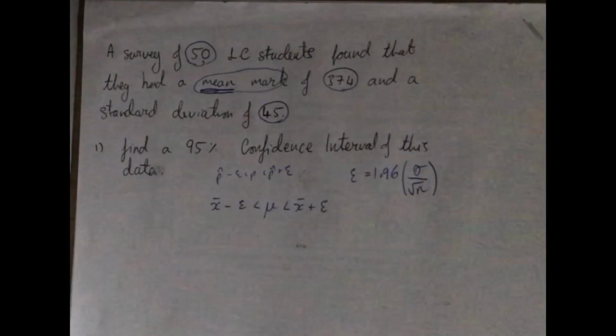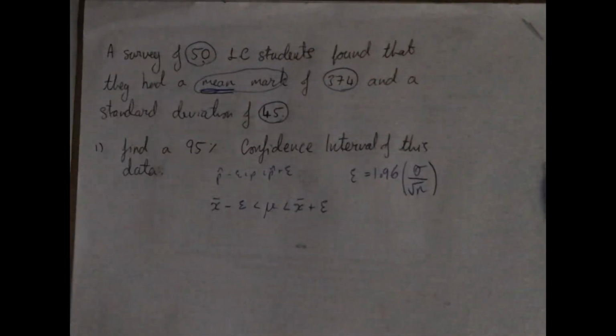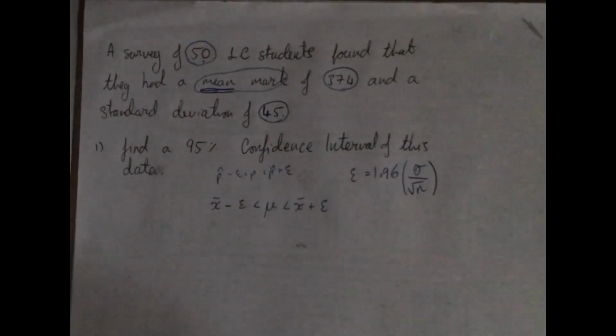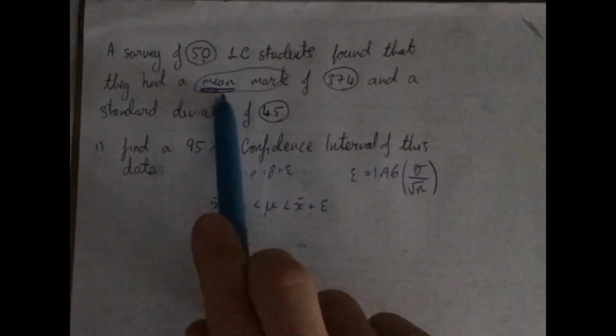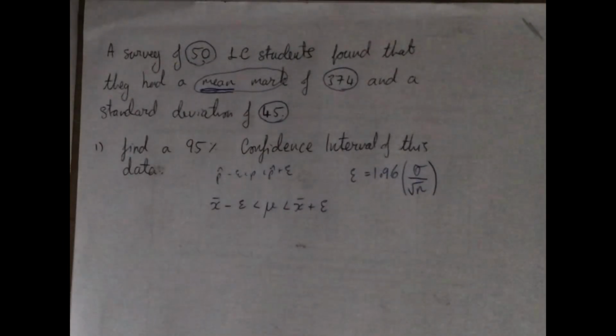Just in case we're concerned about that, the previous question was population proportion, so we used E equals 1.96 times square root p hat (1 minus p hat) all over n. This one is a confidence interval for the mean, so we're going to use this form of margin of error.